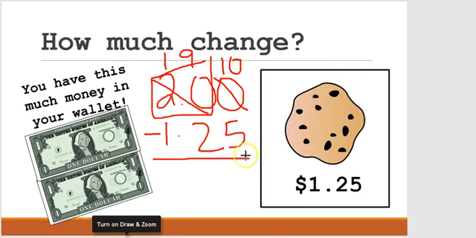Well, let's line it up. 10 minus 5 is 5. 9 minus 2 is 7. And 1 minus 1 is 0. As you line up the decimal, you bring down the decimal. And our answer is 75 cents.